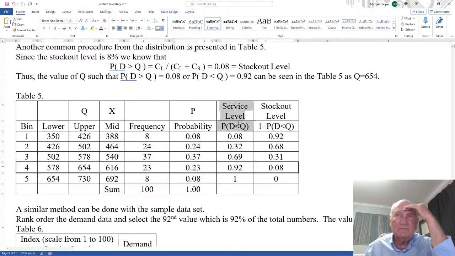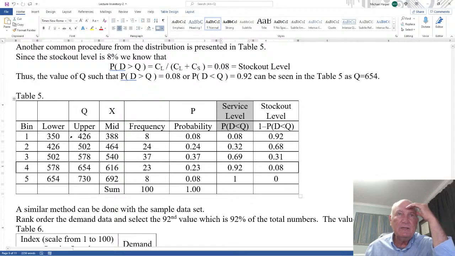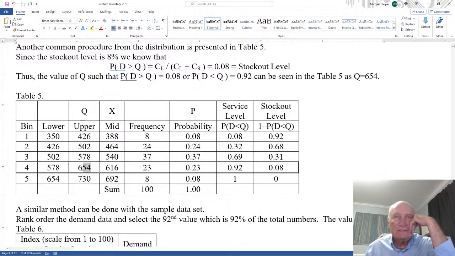cumulative probability, or the probability of D less than Q. This is the probability between the lower and the upper. This is the probability less than the upper. Okay. Well, notice less than 92%. Well, that's going to be my service level, and so that's less than 654.